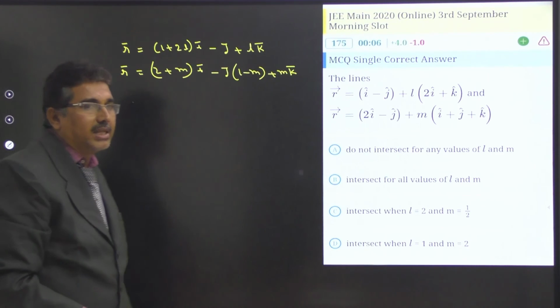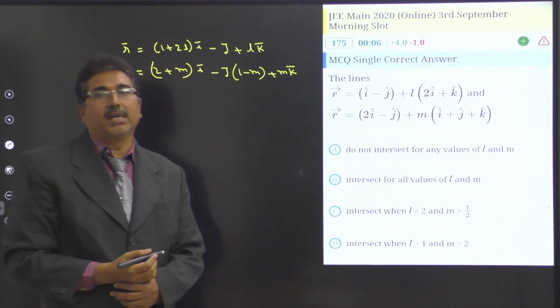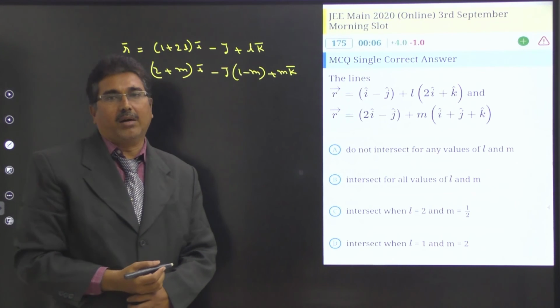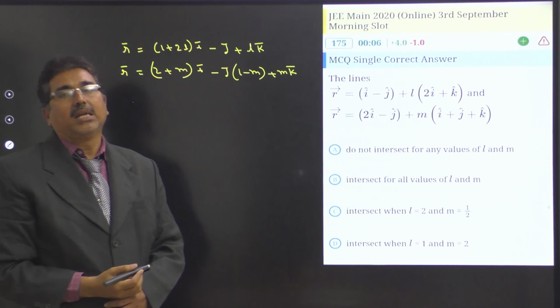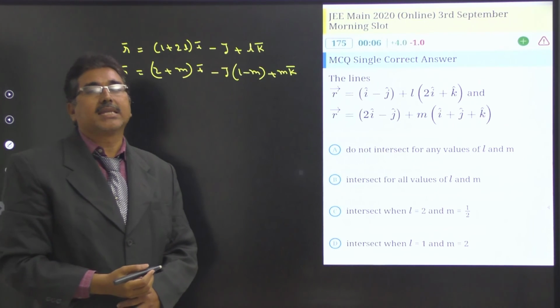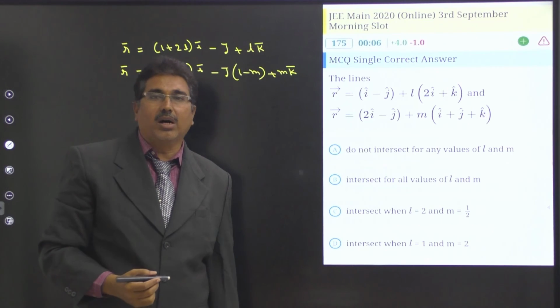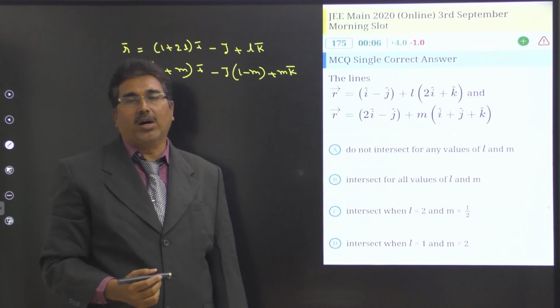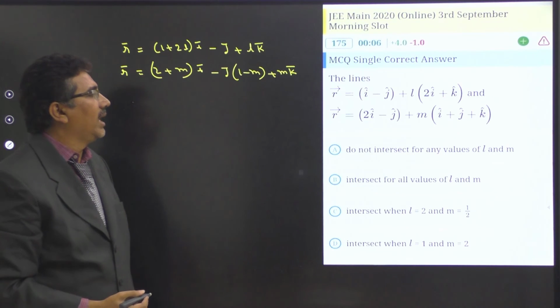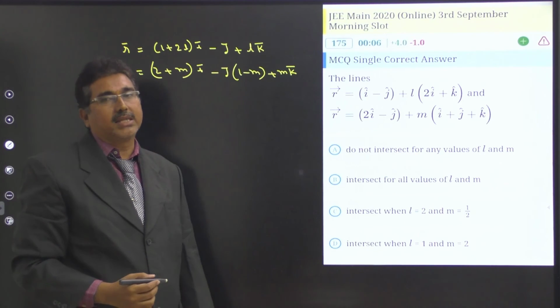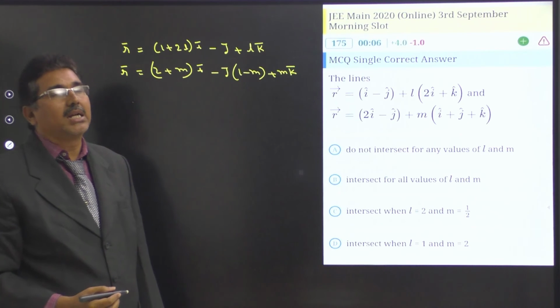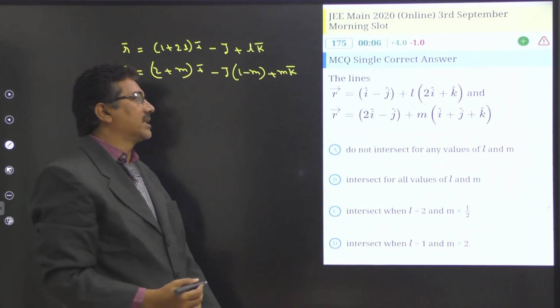Right, first write the given line equations in vector form, that is R bar is equal to X i bar plus Y j bar plus Z k bar. For getting the point of intersection, equate the corresponding coefficients.